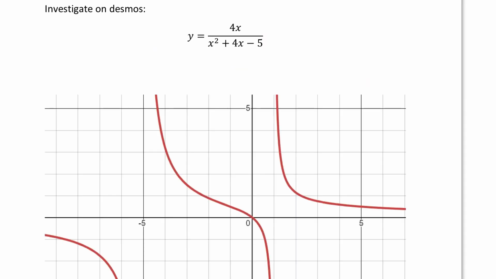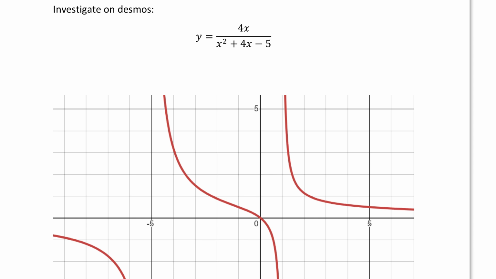Now, one thing you might still be wondering about is there was an instance where we actually crossed a horizontal asymptote, and this is just one last thing we have to talk about before doing another example. Let's look at this graph here. So we have y equals 4x divided by x squared plus 4x minus 5.